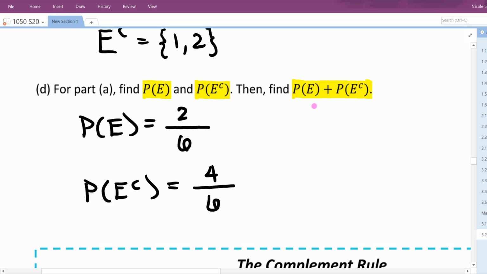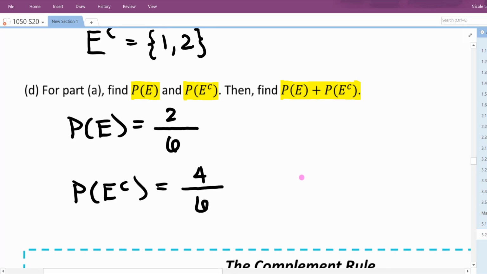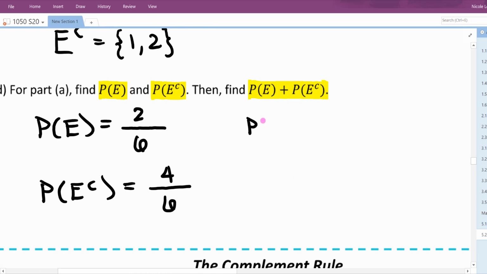Now let's do this last part, where it's essentially telling us to add the two probabilities together. If we want to add the probability of E plus the probability of its complement, let's see what we get. The probability of E, that's what we found right here, was 2 over 6.